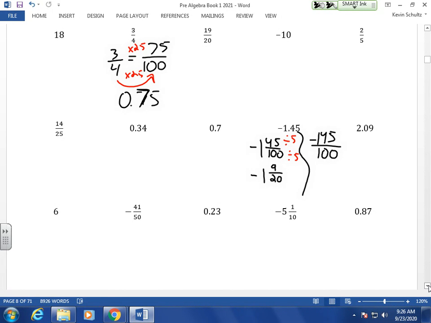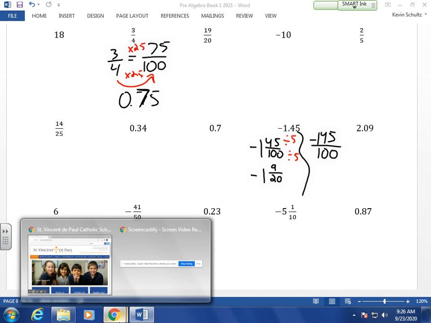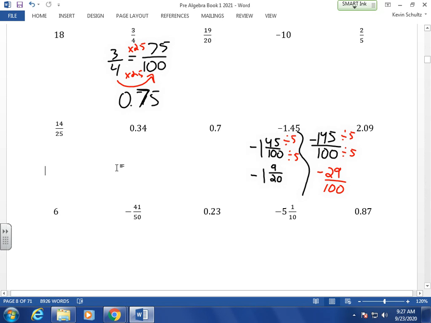And then if we divided that by 5, just like we did with -1 and 9/20, or -1 and 45 hundredths, divide that by 5, we get -29 over 100 as an answer. Okay? These two values are equivalent. They're the same. One's written as a mixed number, one's written as an improper fraction.